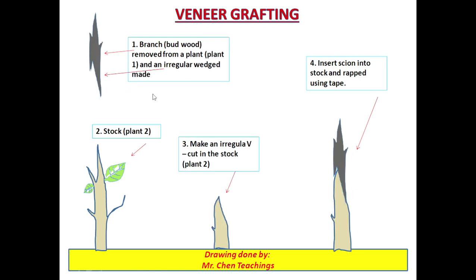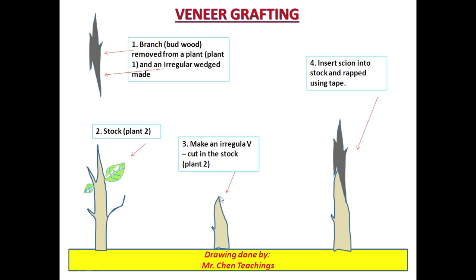Alright, with the veneer grafting, you would not make a normal wedge. So with 1, you select your scion, as I said earlier, but it would be like an irregular wedge. Alright, so please note, it would be about 5 inches tall, etc. Alright, so number 2, of course, you would select your stock, which is your Blackie mango tree. 3, you would make an irregular V cut in the stock.